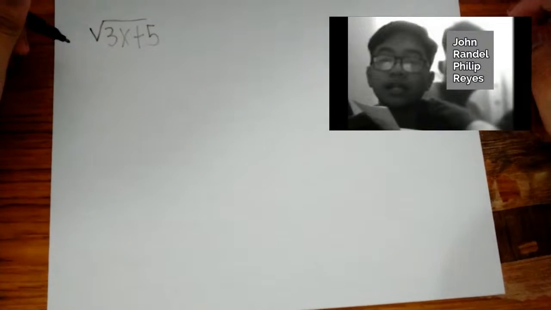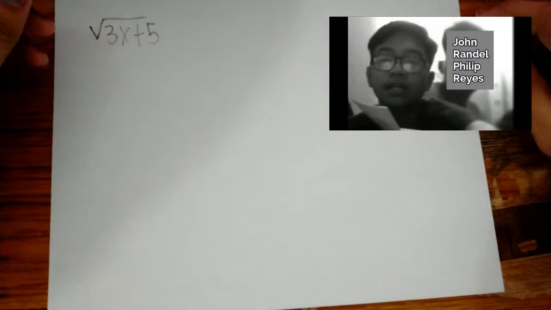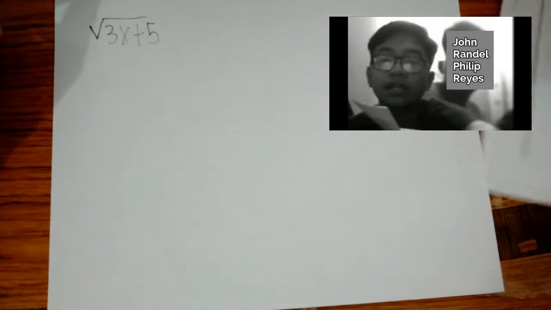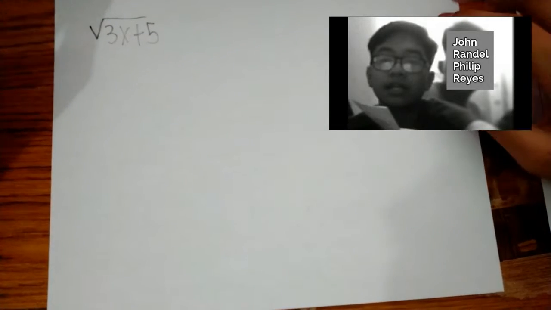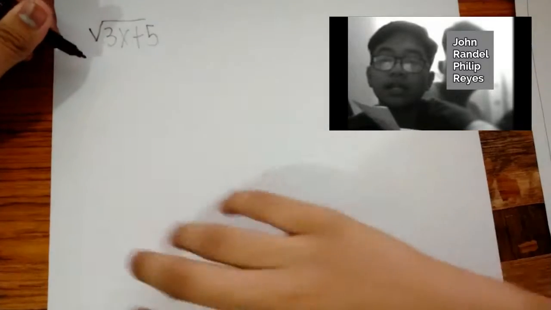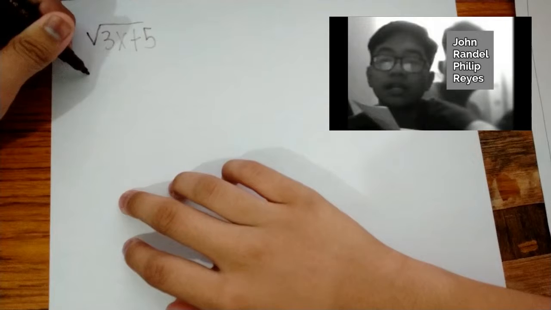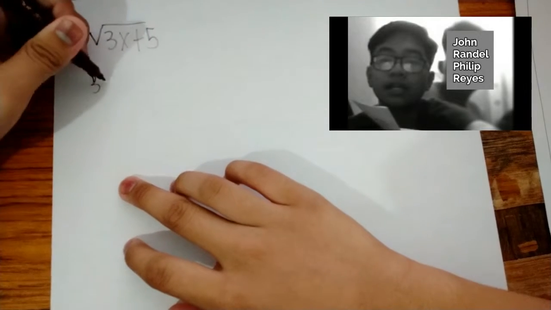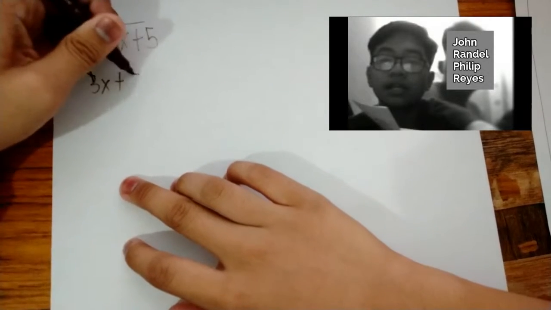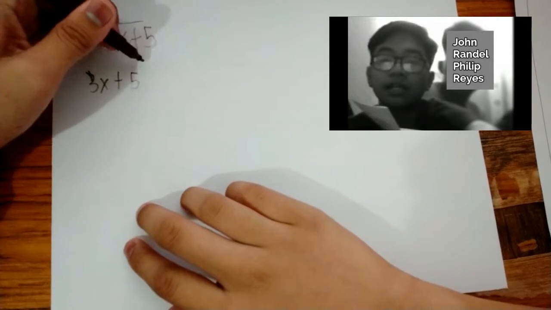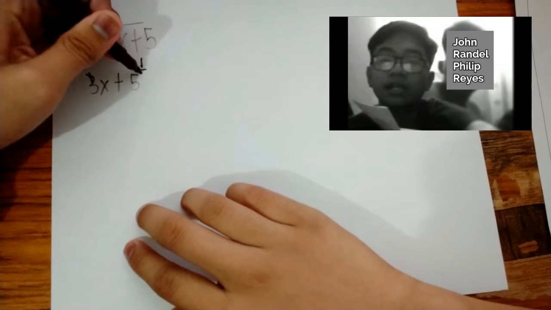Okay, here in this problem, we're going to encounter the same problem as just before: an equation where there is a radical in the problem. First, you will bring up the radical sign. You will make it an exponent. The exponent of a radical sign is 1/2.